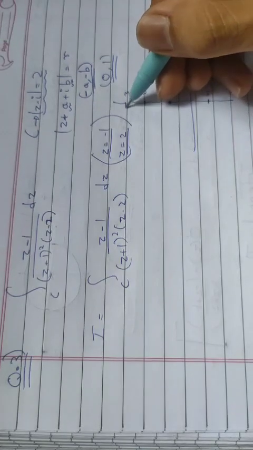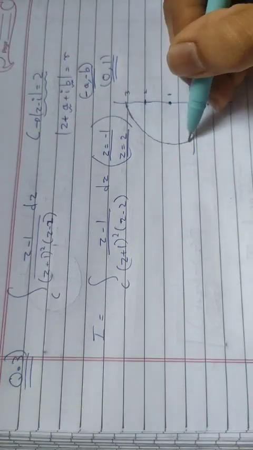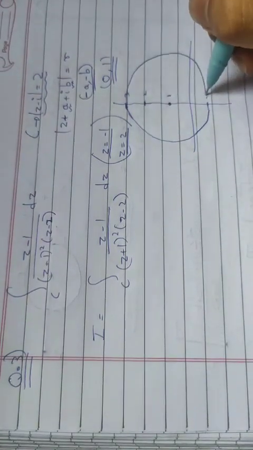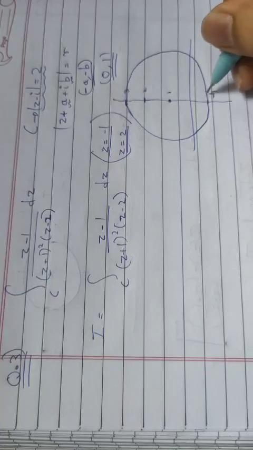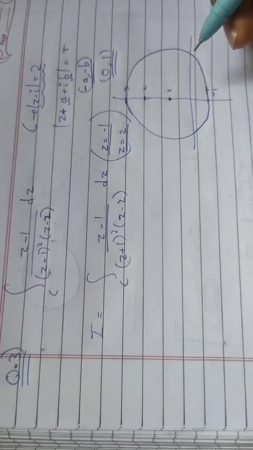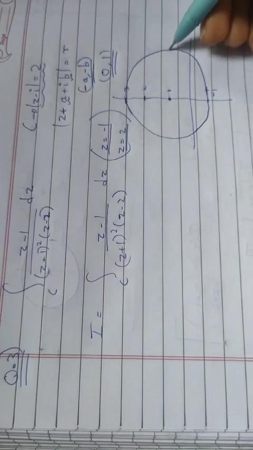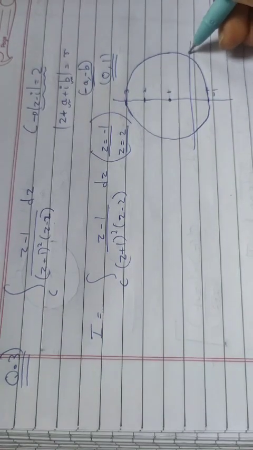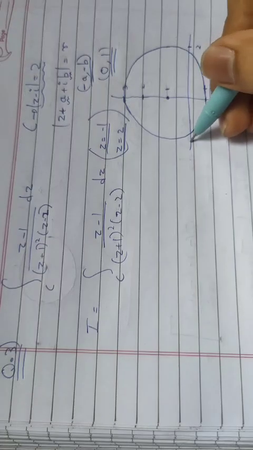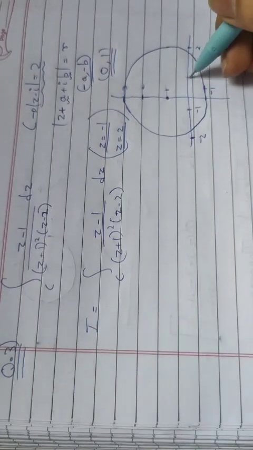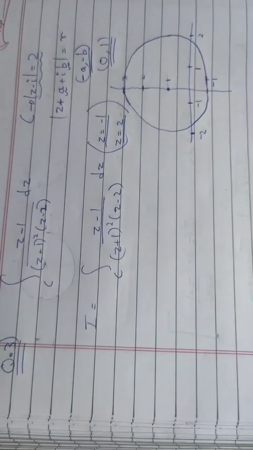I'm not really drawing to scale, but okay. Since its radius is 2, our 2 should be here and there will be a minus 2 over here, and minus 1 should lie here and plus 1 should lie here.